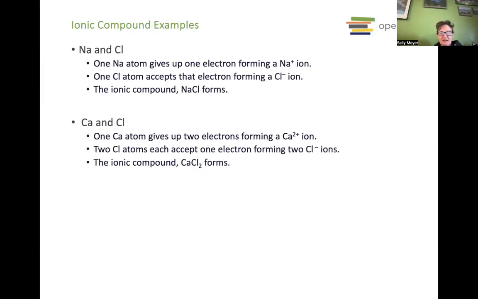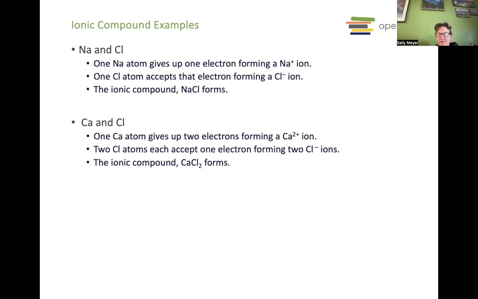A compound that contains ions and is held together by an ionic bond is called an ionic compound. So these are just some examples. Sodium is way far to the left. Chlorine is way far to the right. When they see each other, neutral sodium and neutral chlorine, there's a favorable energy. Sodium gives up an electron, chlorine picks one up, and it forms the ionic bonds that hold sodium chloride together.